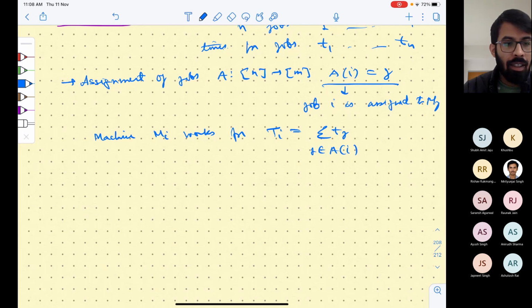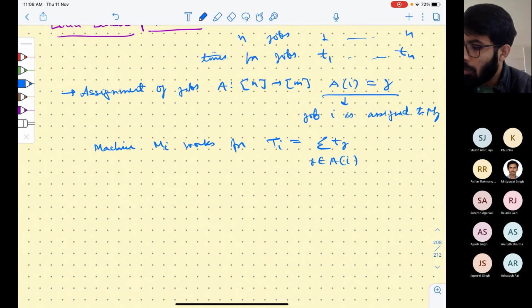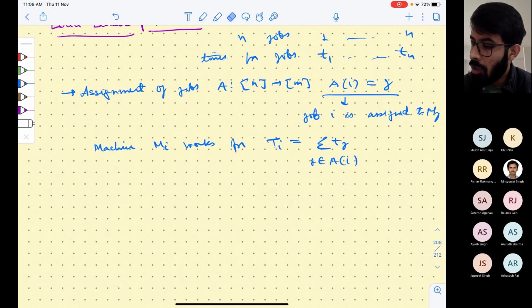Just a moment, let me get that correct. Yeah, so A(i) is the set of jobs that, okay, so this is not a function actually. So it is done the other way around.